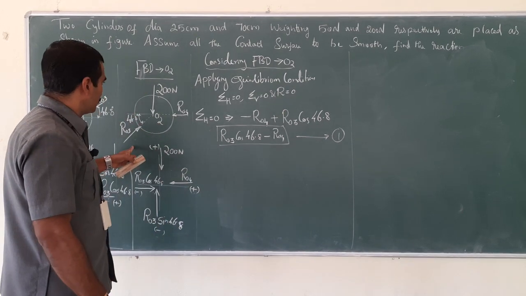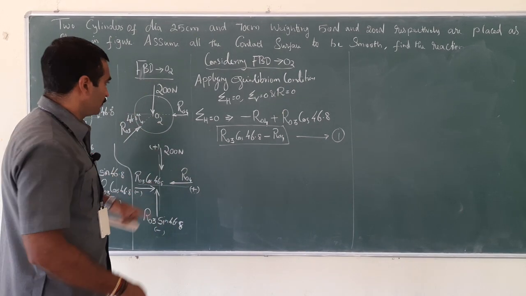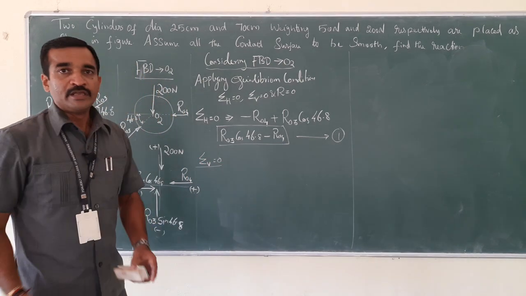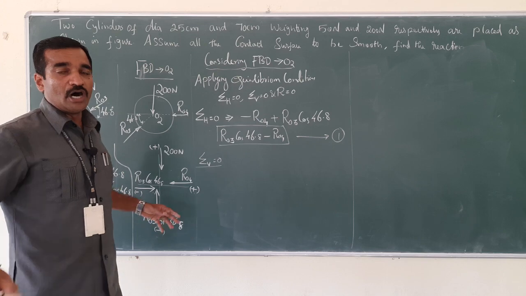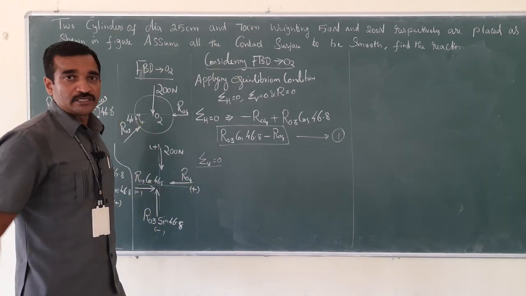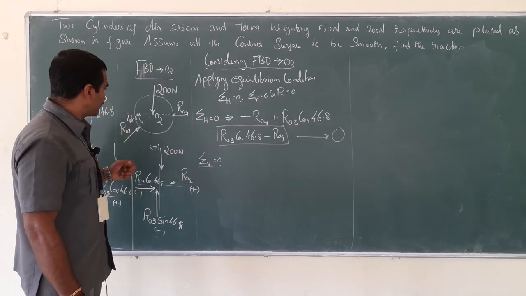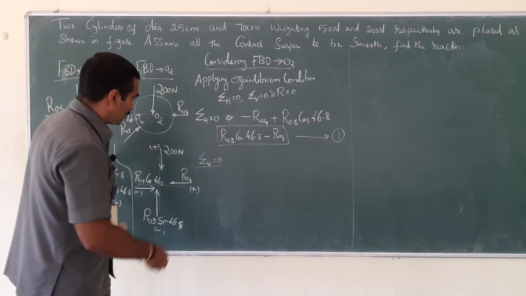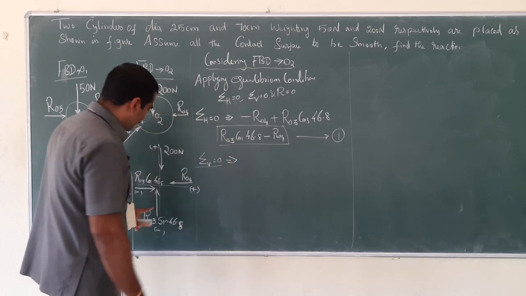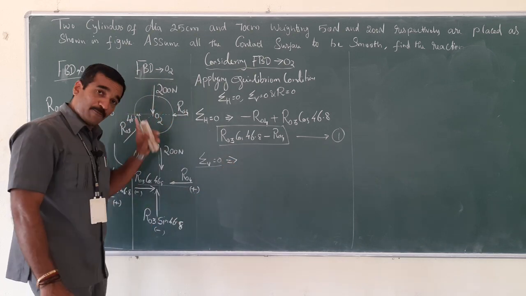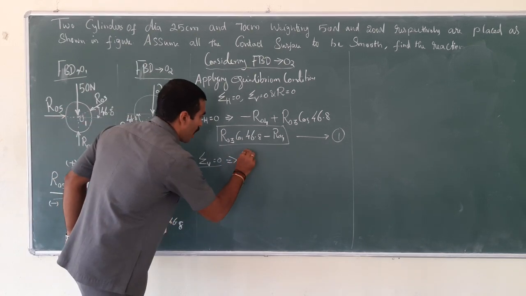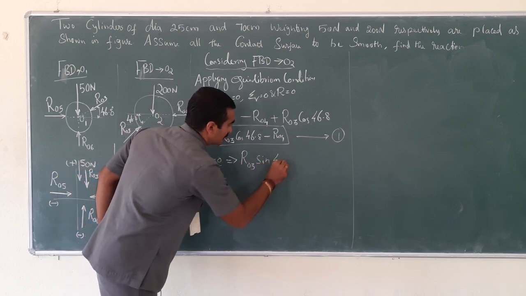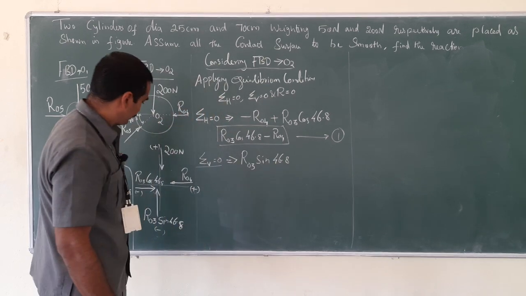Next, summation of V equal to 0. When you try to resolve all the vertical forces, look at here. How many vertical forces are there? 1 and 2. Let me equate here. This is in positive direction, that is going upwards, so positive. So R03 sin 46.8, right?